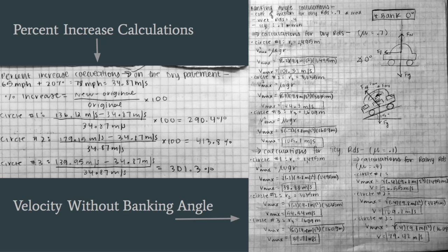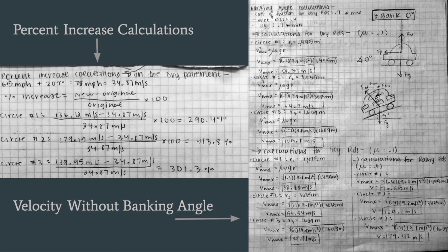The changes in those accounted for the difference. So that number, 34.85 meters per second, was added to the velocity of each curve found with the respective coefficient of friction for a dry surface, a wet surface, and an icy surface.